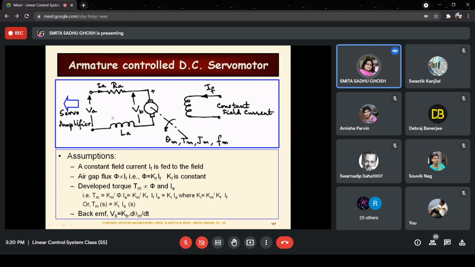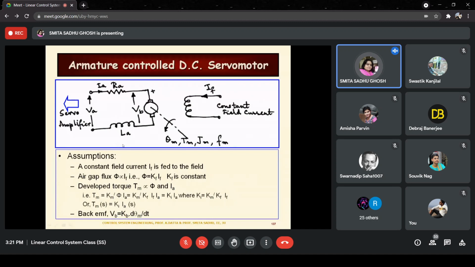So as a starting point, the expression for the back EMF is also written over here. Back EMF, we know, is going to be proportional to the speed, right? So basically Vb is equal to some constant into theta m dot, that is d theta m dt. So Vb is equal to Kb into d theta m dt. So that is the expression for back EMF.